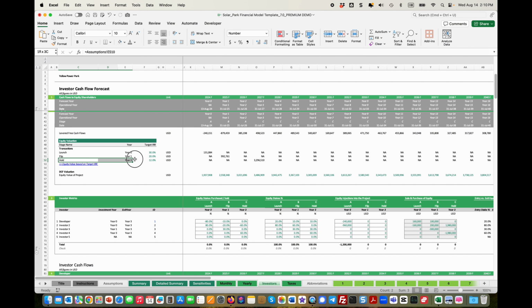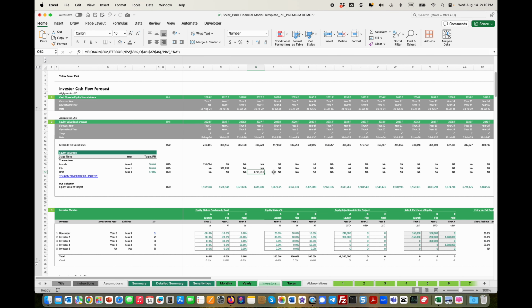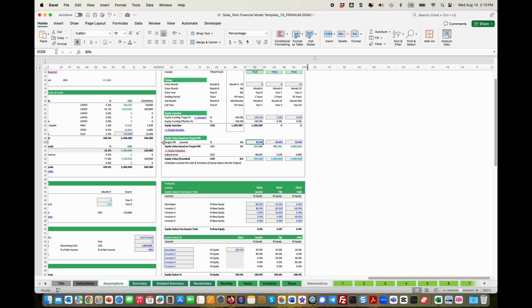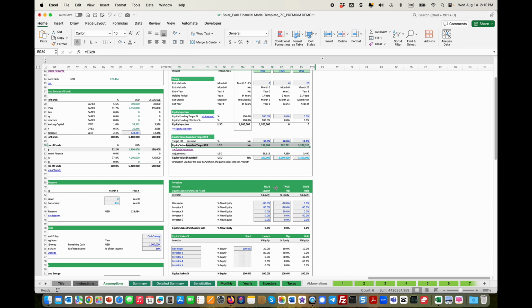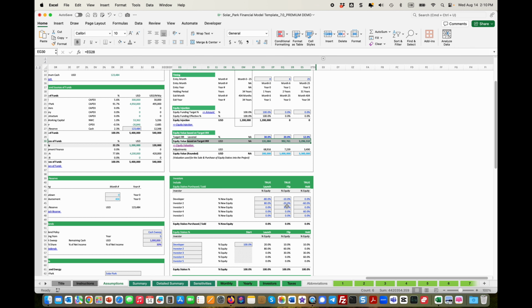And if we then, at the end, once the park is constructed, say now we only need a 12% return, then the project can get valued at a 12% discount rate. So this is how we can figure out what the equity value is, which is the basis for buying and selling these equity stakes.